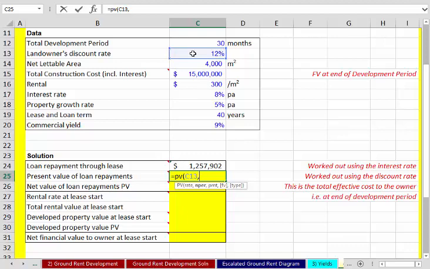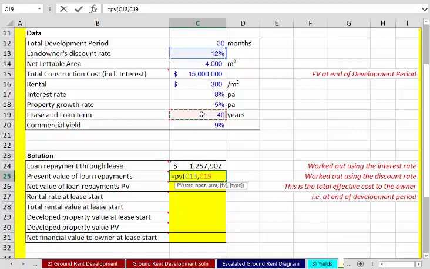It has to do with the fact that from the landowner's point of view, it doesn't really matter whether it's a tax or an interest payment, or I don't know, the cost of operating the air conditioning, whatever it is. It's simply a number of dollars each year that the landowner has to pay. So that's a set of cash flows, and the landowner is going to work out what the present value cost of that is.